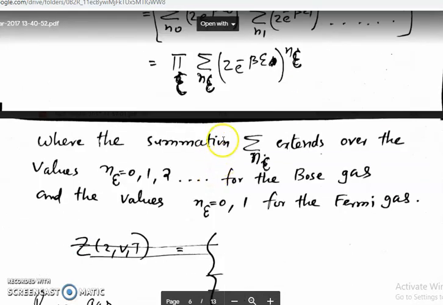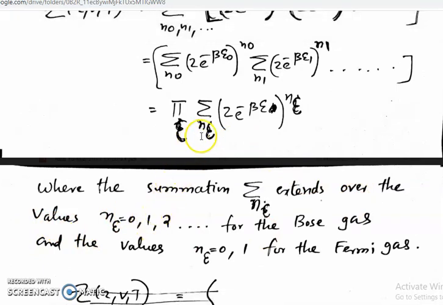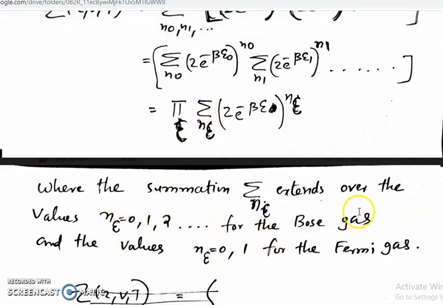So this summation sigma n epsilon extends over the possible values of n epsilon. The possible values of n epsilon are 0, 1, 2, 3, etc. for the Bose gas, because Bose gas particles do not obey the Pauli exclusion principle.